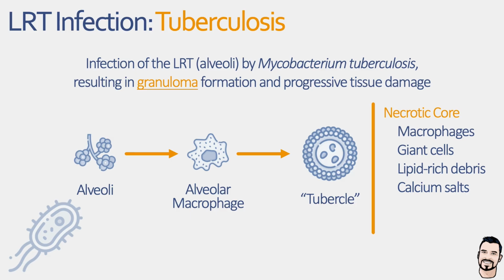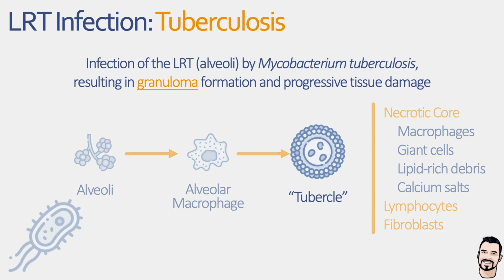At the center of this are the infected and activated macrophages, including multinucleated giant cells. These are often surrounded by dead cells, lipid-rich debris, and deposited calcium salts, forming a sort of necrotic core. Then, that is enclosed by T lymphocytes, which sustain immune activation and contain the infection. Then, in the more mature tubercles, there is another containment layer of fibroblasts.